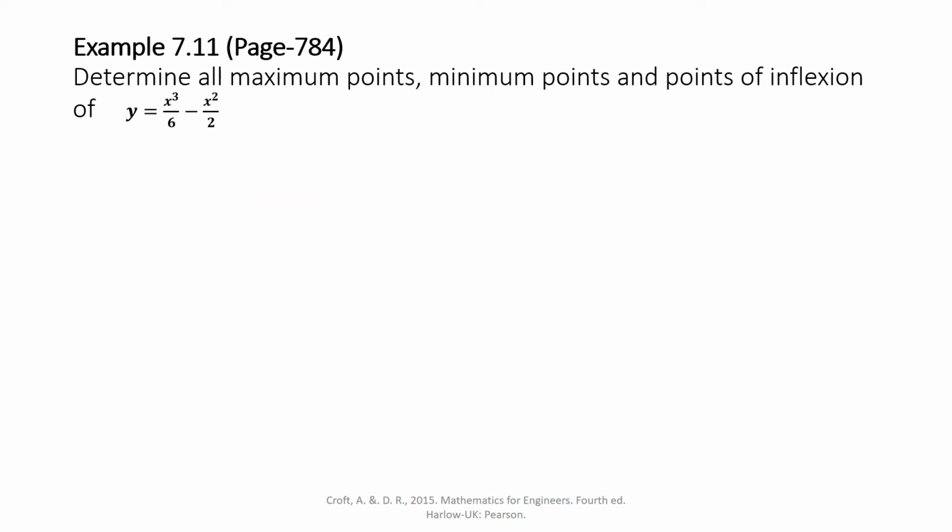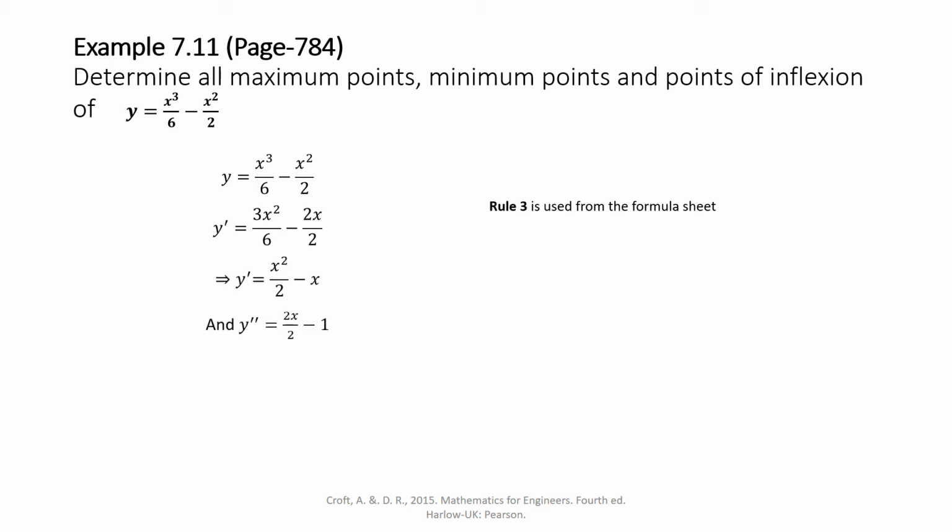Example 7.1.1: determine maximum, minimum points and point of inflection, differentiating with the help of rule 3, first order derivative and second order derivative. First of all, we calculate the critical points.